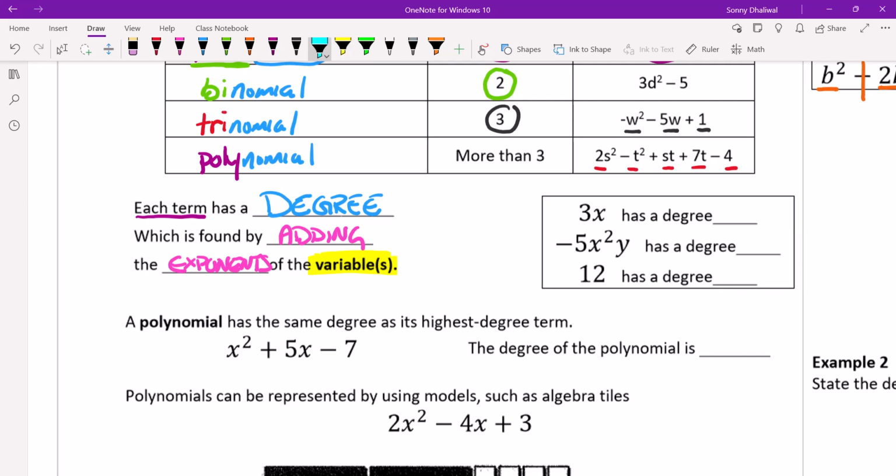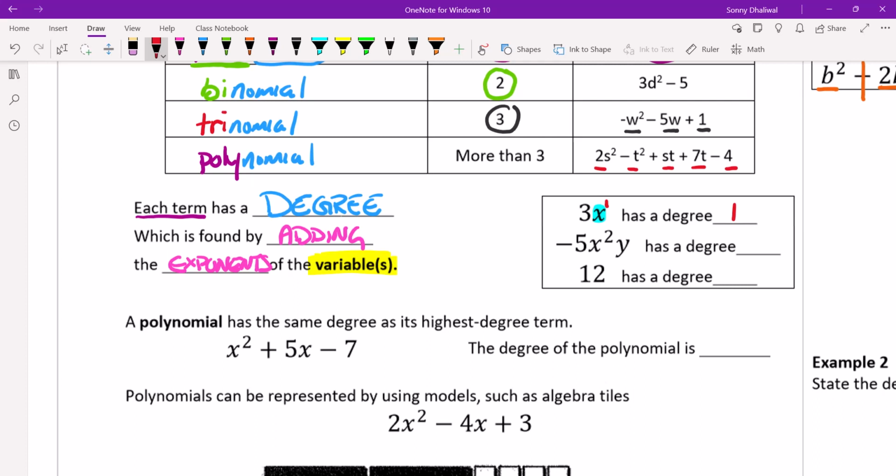So you see how the vocabulary is difficult in this one? So we look at the letter and we go, hey, what's the exponent for this letter? If you don't see an exponent, what imaginary number is there? This is going all the way back to September. Oh, 1. This has a little imaginary 1. So there's nothing to add up. There's only one variable. So this term has a degree 1. Okay?